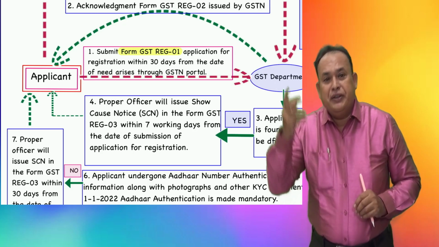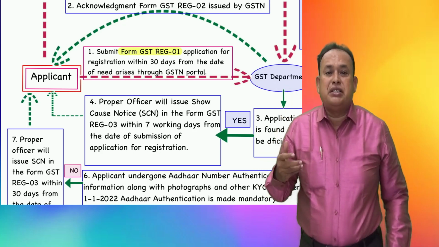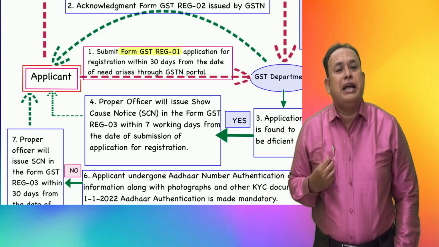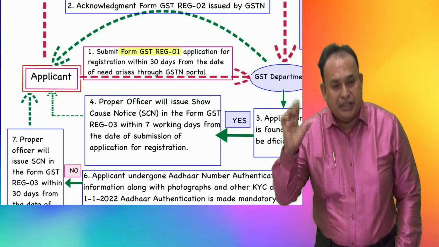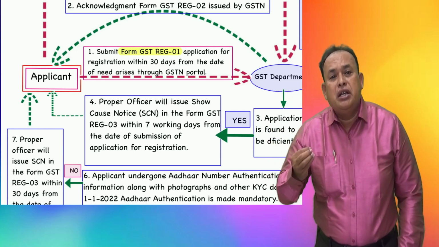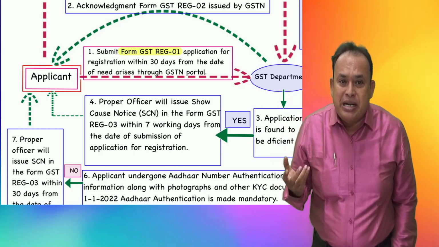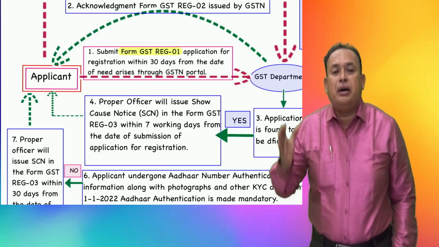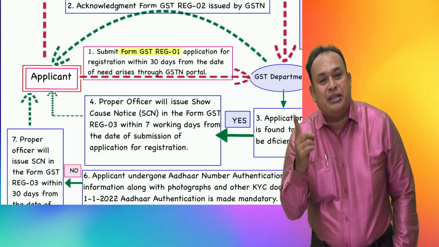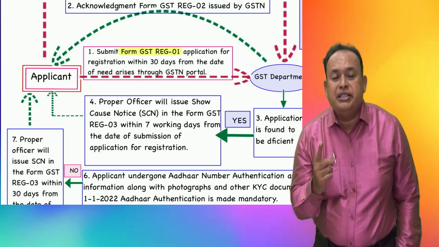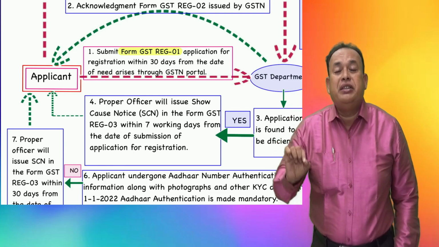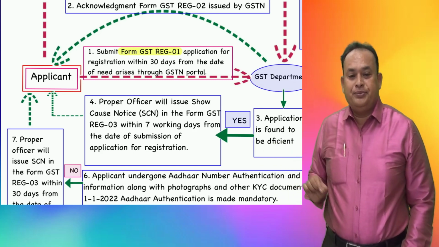Such a verification carried out by the system software in the GST network portal we call a non-statutory function. If it is satisfied, the system software will issue an acknowledgement that you submitted form GST REG-01, for which acknowledgement form GST REG-02 will be issued by the system software of the GST network portal.